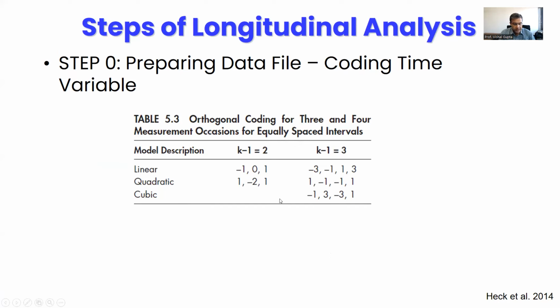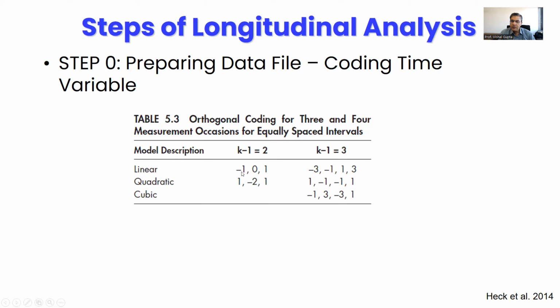Otherwise, what happens is that if you have time 0, 1, 2 and quadratic, if you just square time, it will become 0, 1, 4. So they will be highly correlated and multicollinearity issues come in. So rather than modeling 0, 1, 2, we have to code time orthogonally.